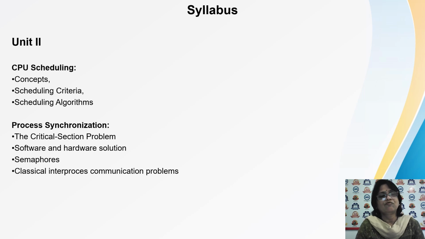That will be covered in unit 2. That is, when someone is using the shared data, others are not allowed to use it. As we say, the operating system is the resource manager, meaning it must manage the resources properly.